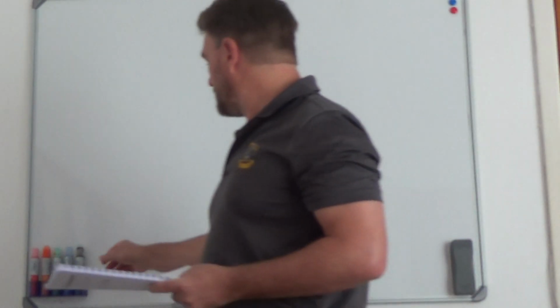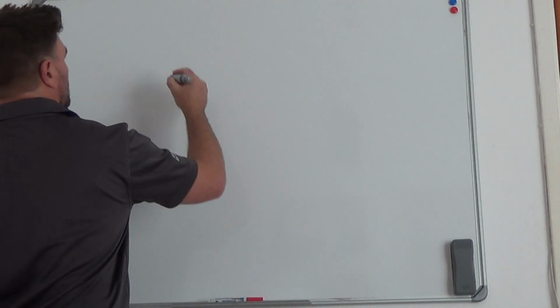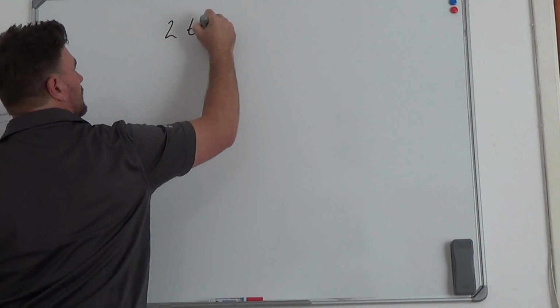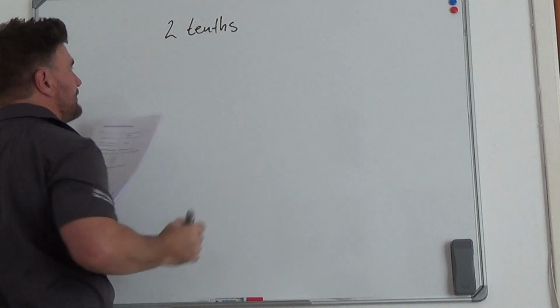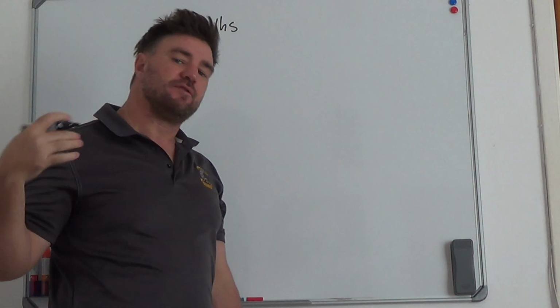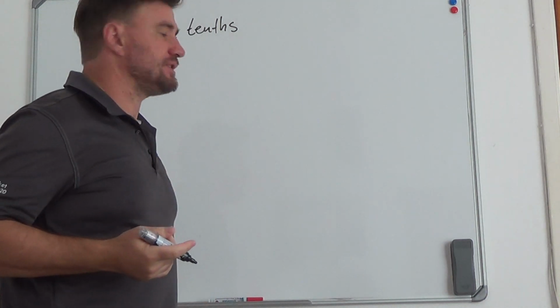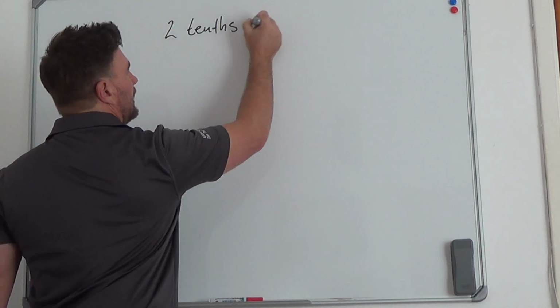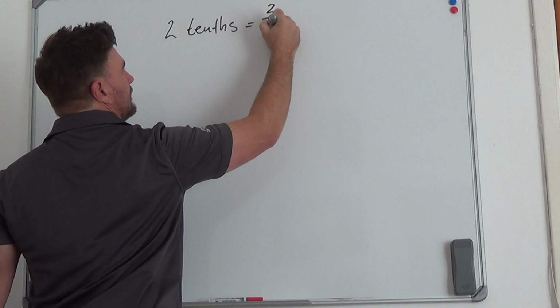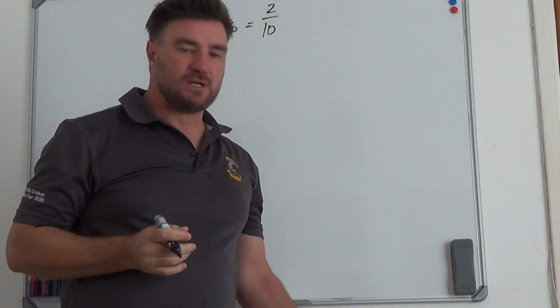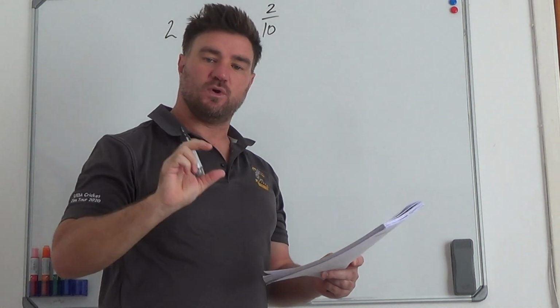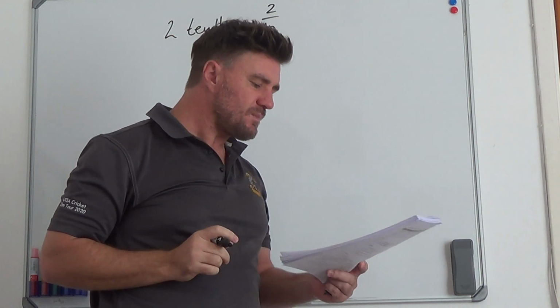So if I look at that first one where it says 2/10, if I convert that to a common fraction or a proper fraction, it will look like that. Let's not get confused by the word tenths being written out.